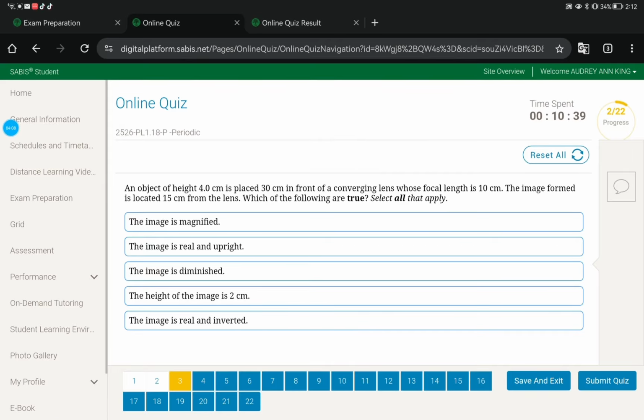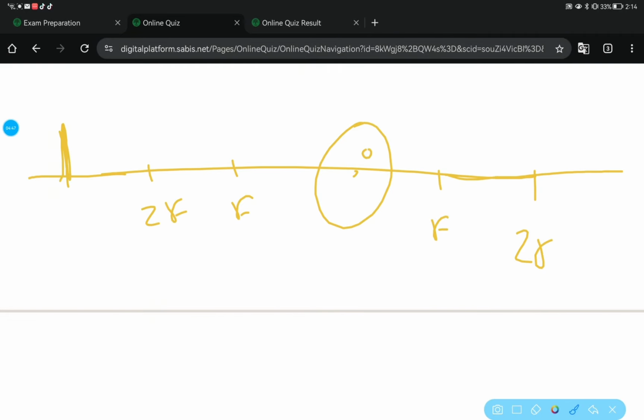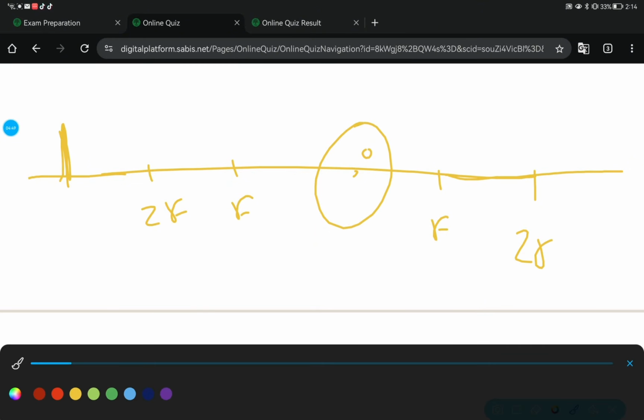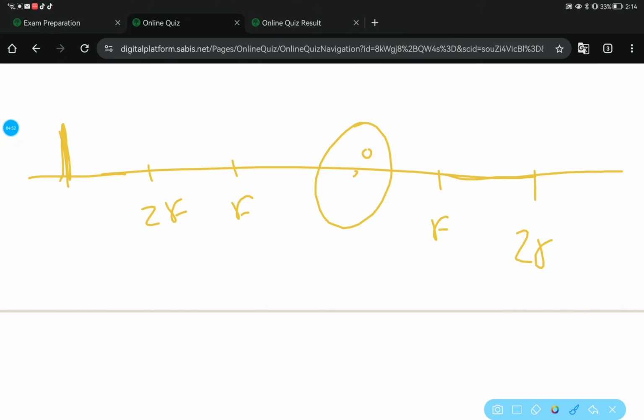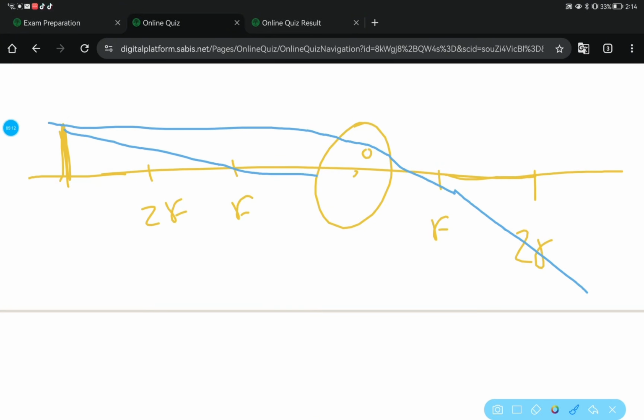Hold on, my diagram is horrible. Let me draw a better one. So this is the object. So basically, if it's behind the second focal length, it's going to look something like this. So it's going to go straight until the convex lens, but then it's going to refract, passing through the first focal point and down here.